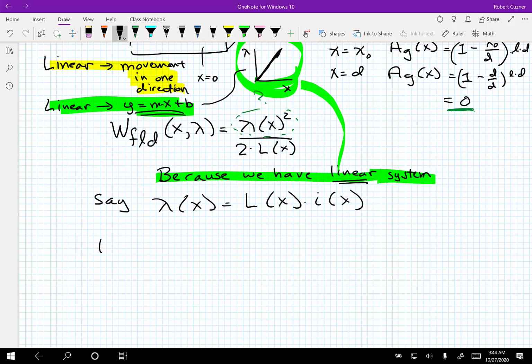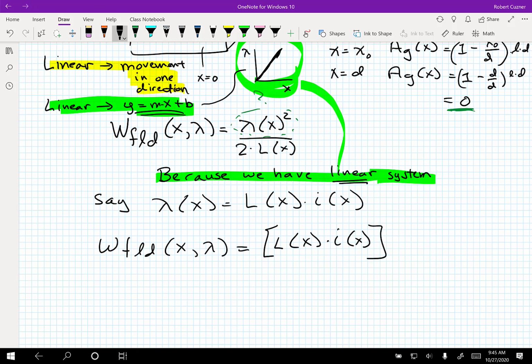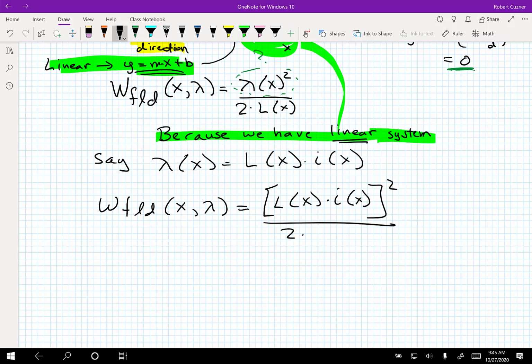And now we can plug in lambda into this energy expression. We can actually make it a function. I'm going to leave it on the left-hand side as lambda. But on the right-hand side of the expression, I've now got on the top Lx Ix squared over 2 times Lx.